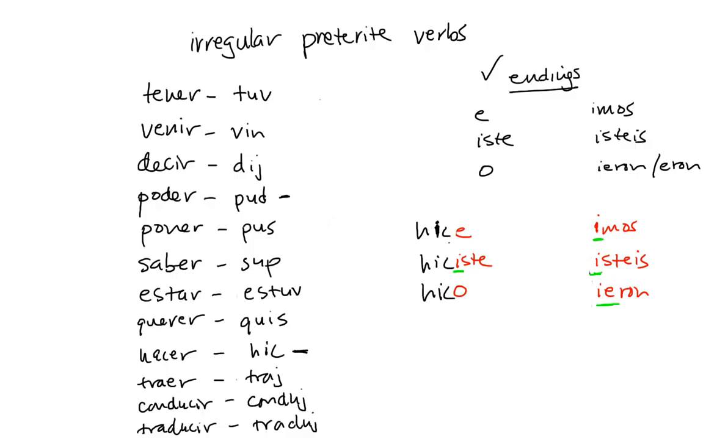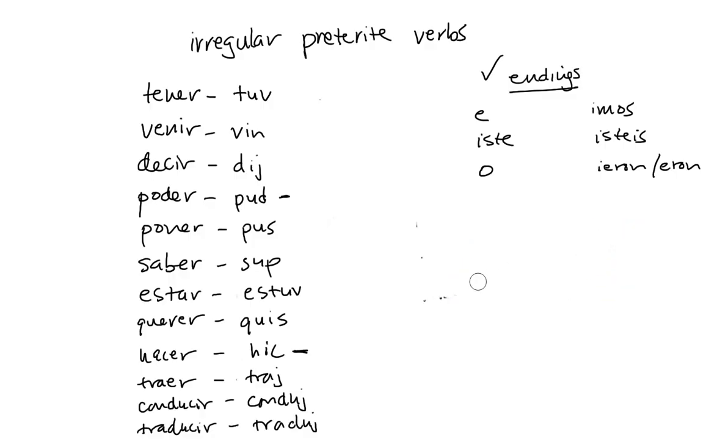We want this soft sound. We've got hice, hiciste. So the only way to get a soft sound here is instead of hico to write hizo. Okay, we change the c to a z to maintain that soft sound. The others are okay because we have the c before an i, which makes the c soft. Hicimos, hicisteis, hicieron.